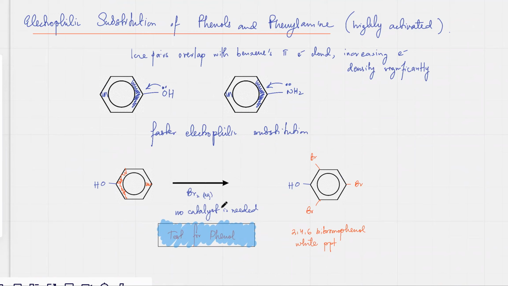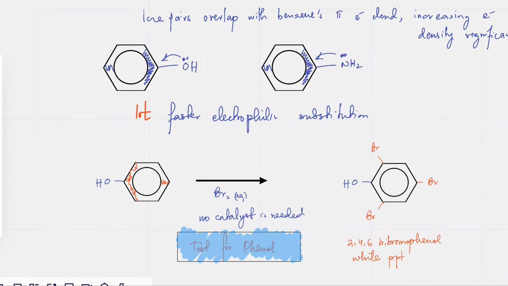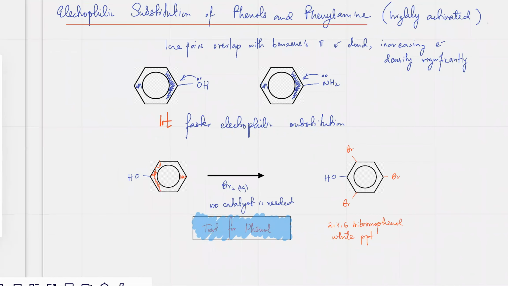No catalyst is needed. It's going to be a lot faster because the electron density is really high. So the bromine electrophile would be very strongly attracted to it, and you'll get a fast reaction.